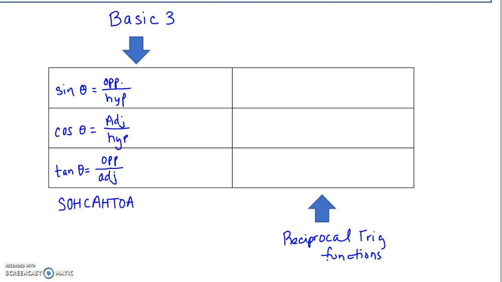So here's our reciprocal functions. This one here is called cosecant, and that one is going to be abbreviated CSC, cosecant. And that's equal to 1 over the sine of theta. So this identity, this reciprocal, is going to be important later on for us.